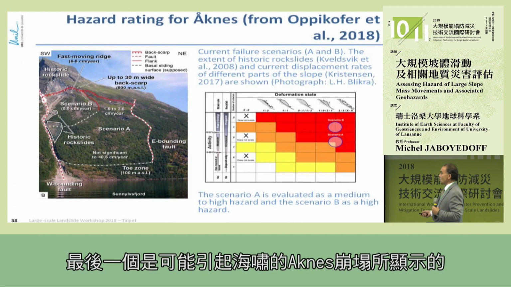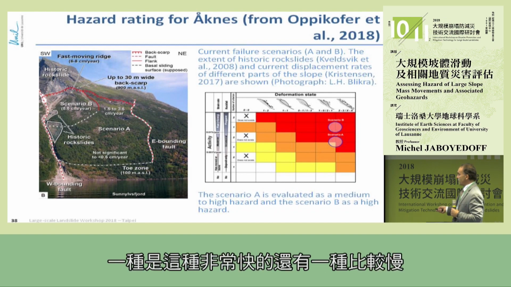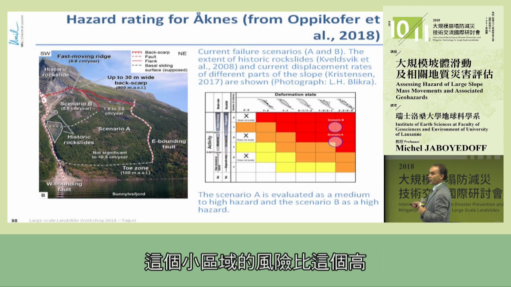The last one is the one that has been shown with the Ognes, which is a landslide that can trigger a tsunami. You have two scenarios, very fast here, slower there, and then you see that in that case you have such a type of deformation, and for the small area here you have a higher hazard than this one.